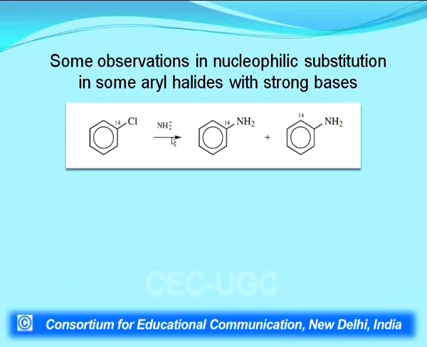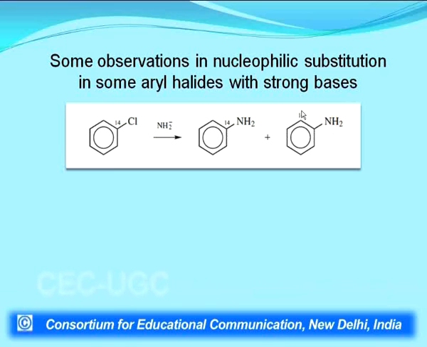When this was treated with sodamide, that is amide ions, it was observed that we get 2 products, although both products are aniline. But when they were studied by NMR, it was found that in half of the product the amino group is attached to the same carbon to which chlorine was attached, that is the C14 carbon, whereas in almost half of the product this amino group is attached to the neighboring carbon.